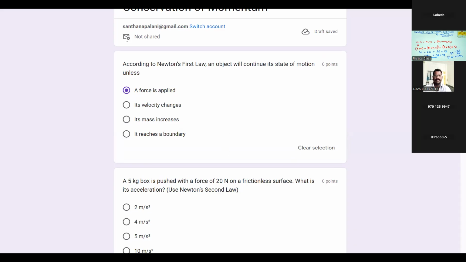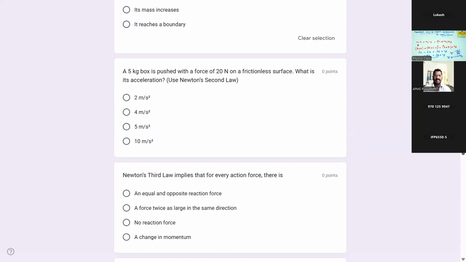Next, the second question. A 5 kg box is pushed with a force of 20 Newton on a frictionless surface. What is its acceleration? Use Newton's second law. So mass 5 kg, force 20 Newton, frictionless surface, so there is no opposing force.